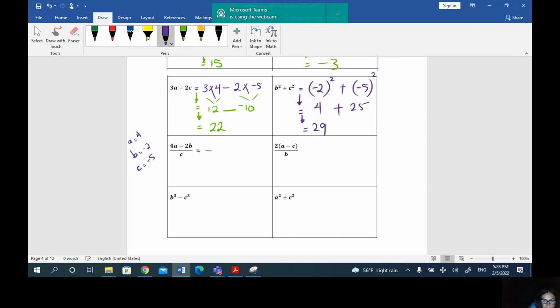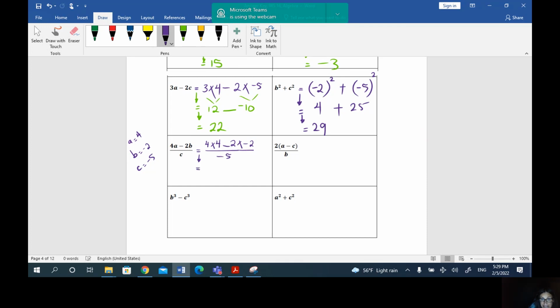So equals to fraction line. 4a means 4 times a, which is 4, minus 2b, which means 2 times b, which is -2, all over c, which is -5.